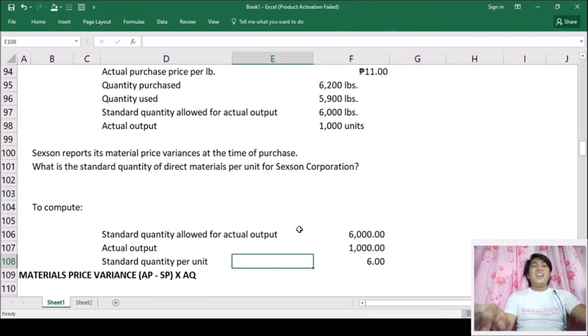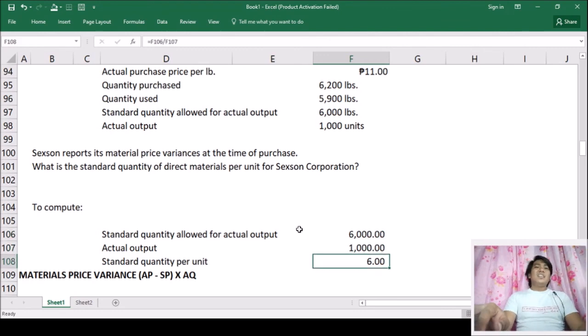Again, to determine the total standard quantity, standard hours in a particular output, it must be based on the actual output that you have. That is the standard quantity, the standard hours, or the standard number of units. So, that is 6 pounds.